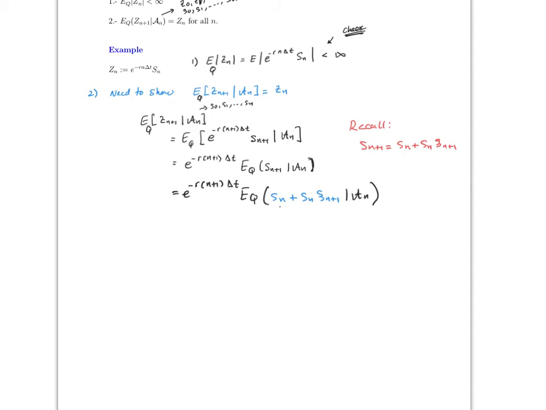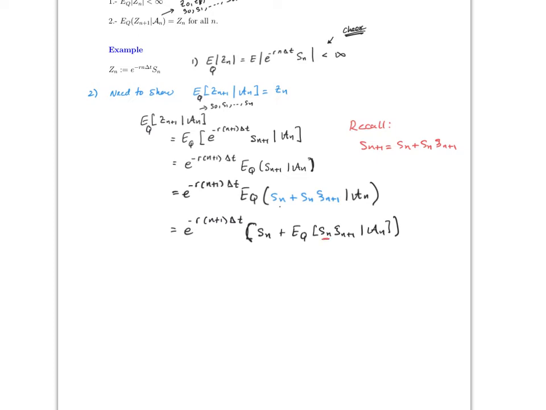Now, since this is measurable with respect to this one, you can take this part out. So you would end up with this e to the minus r_{n+1} delta t, and then the S_n can go outside, and it will be plus the expected value with respect to Q of S_n C_{n+1} given A_n.